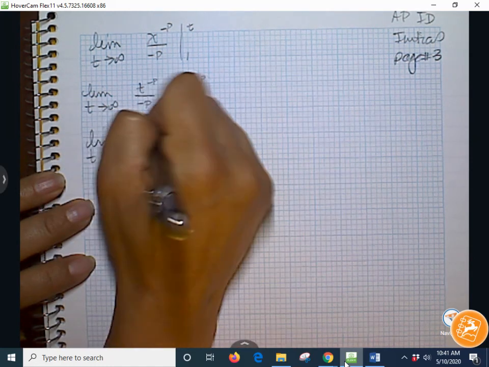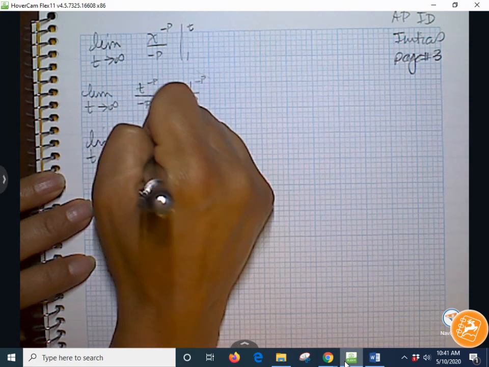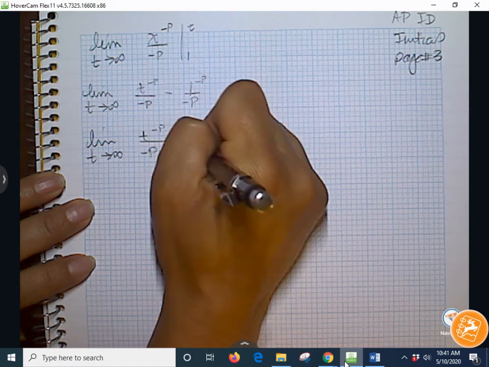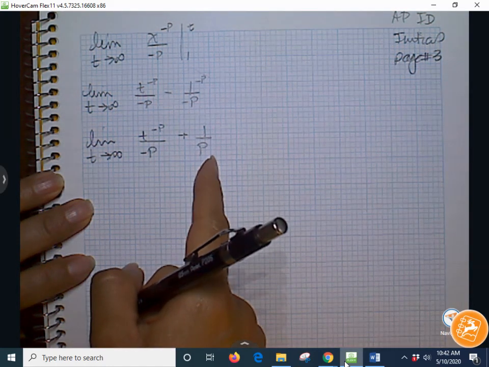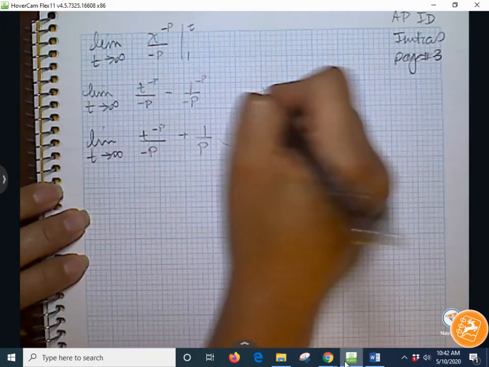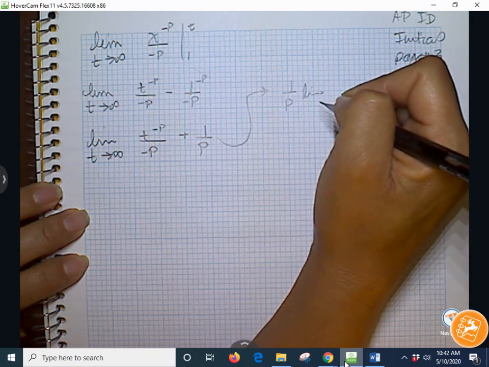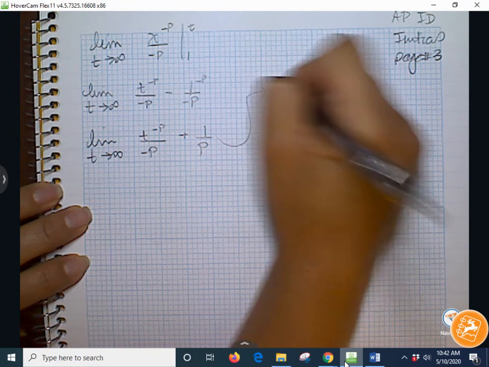So this is going to be t to the negative p all over negative p plus 1 over p. So I want to factor a 1 over p out. It's going to be 1 over p limit. Should I factor out a negative? Let's factor out a negative.